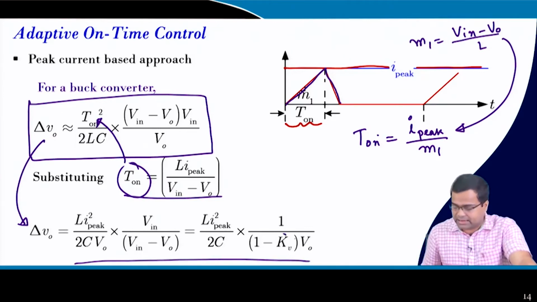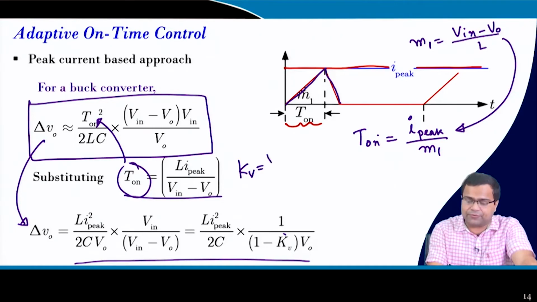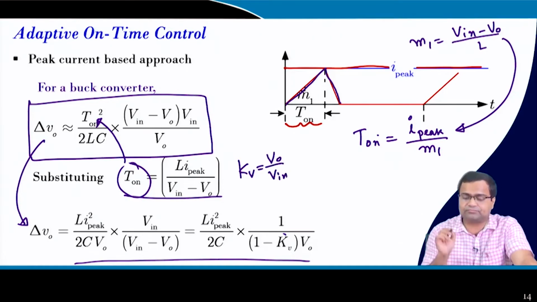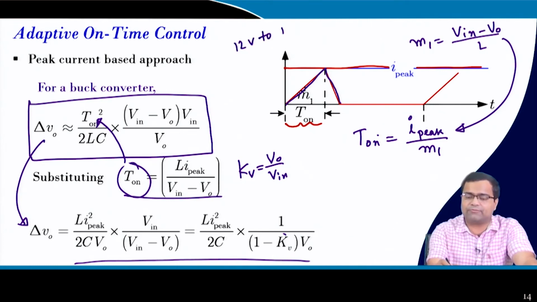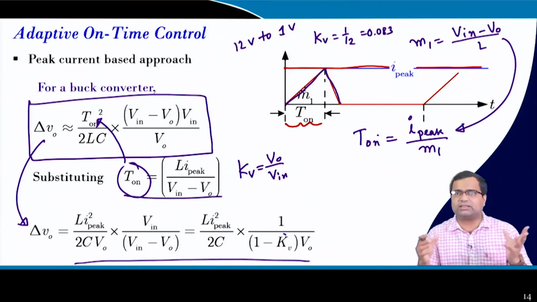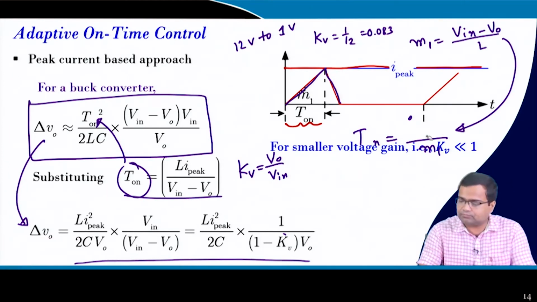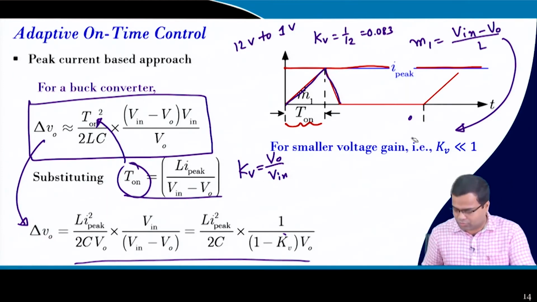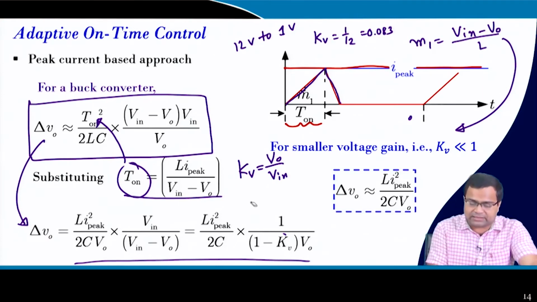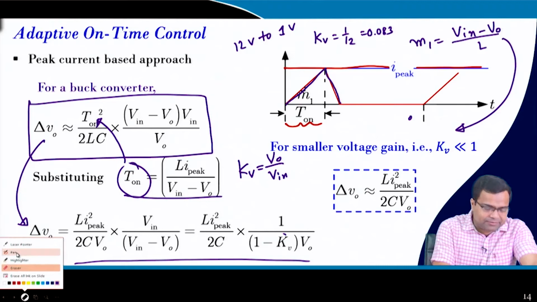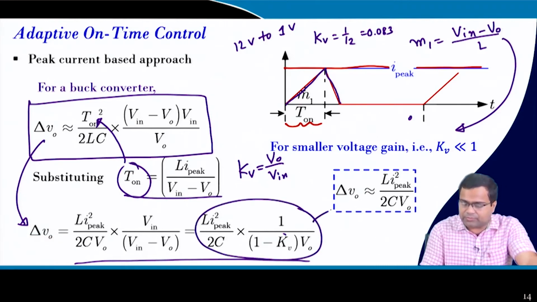where kV is the voltage gain, V0 by V in. Under high input voltage, if you take 12 volt to 1 volt, then your kV is 1 by 12, which is around 0.083, smaller than 1. If I take kV to be very low, then my output voltage expression will be simplified to this, because this is very small compared to 1.